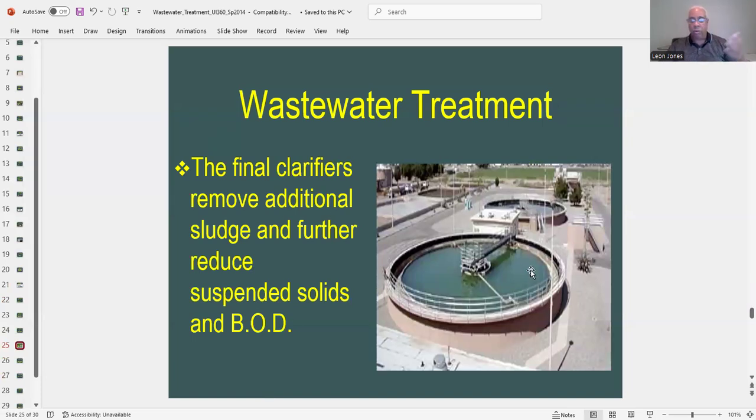Now, so you'll know what a clarifier tank looks like, this is your clarifier tank right here. You can actually walk across this catwalk, and here's your weir. You can't see below this water, but that is where your rotating arms or your rotating plows are.